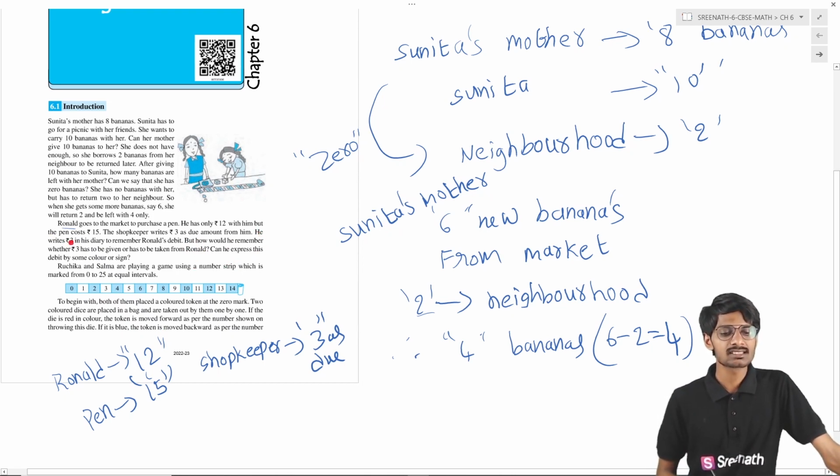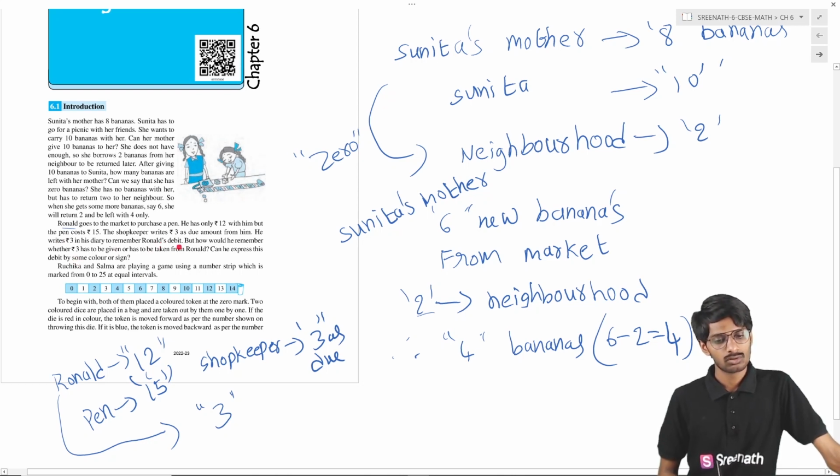So he writes 3 in his diary to remember. So Ronald has to give 3 rupees to the shopkeeper, and to remember that, he has written 3 in his diary.